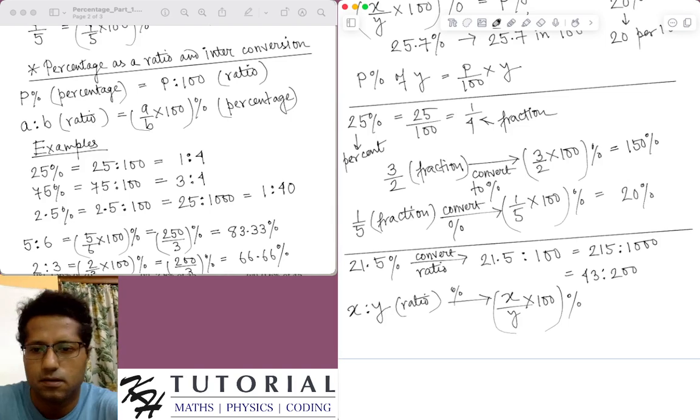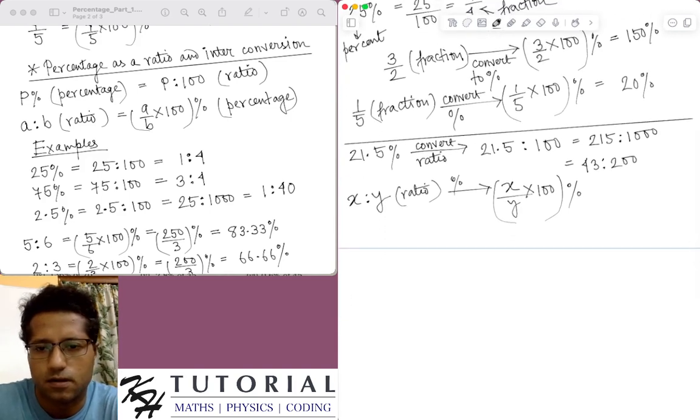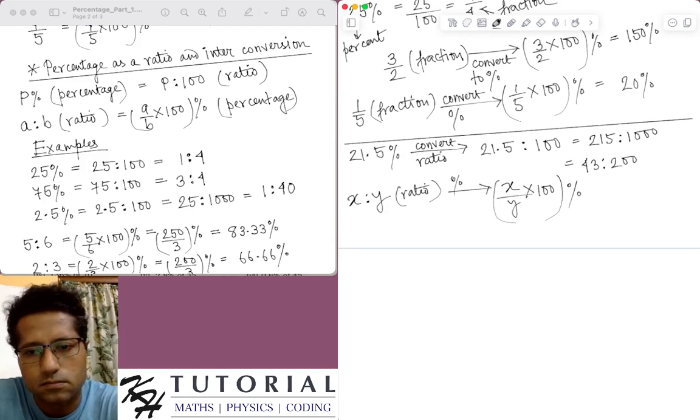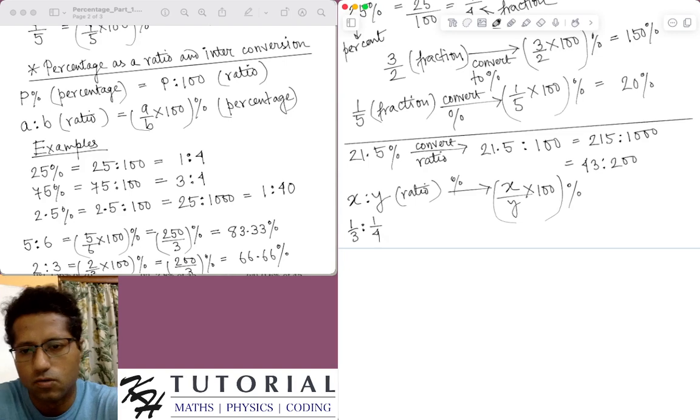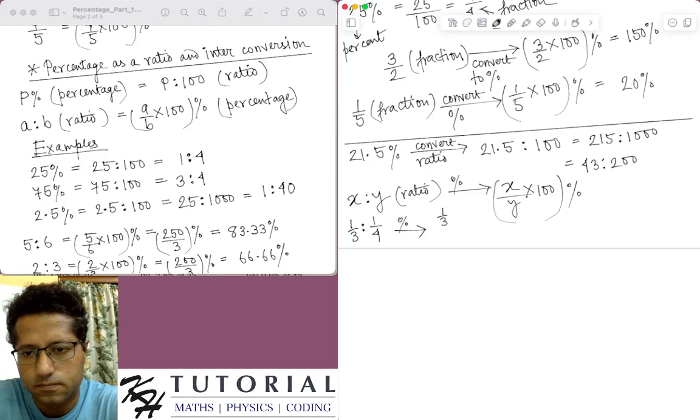As an example, let's take some random values, say 1 by 3 is to 1 by 4. How do I convert this ratio into a percentage? The formula is 1 by 3 divided by 1 by 4, multiplied by 100 percent.